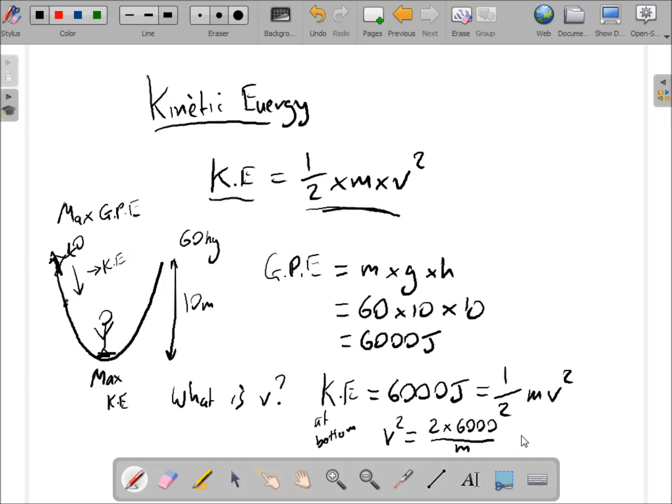So our v is going to be all of that square rooted. So 2 times 6,000 divided by the mass, which is 60, square rooted. From that our v will equal 14.14 meters per second.